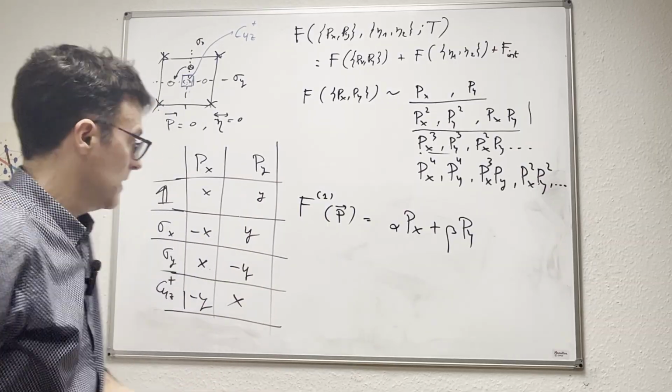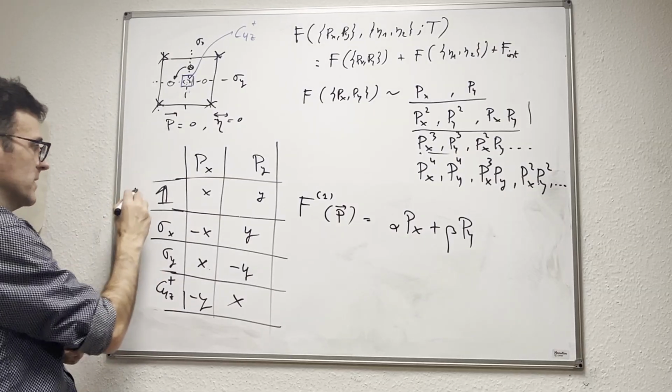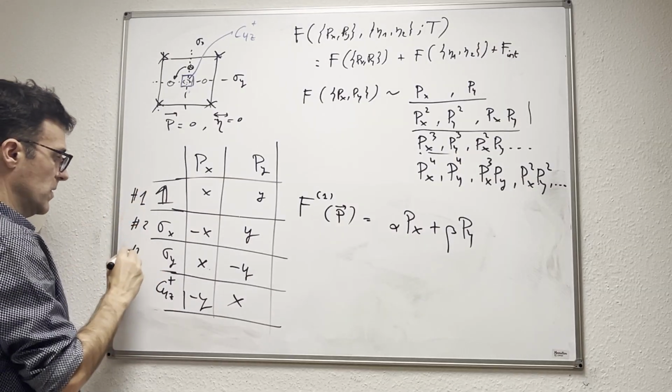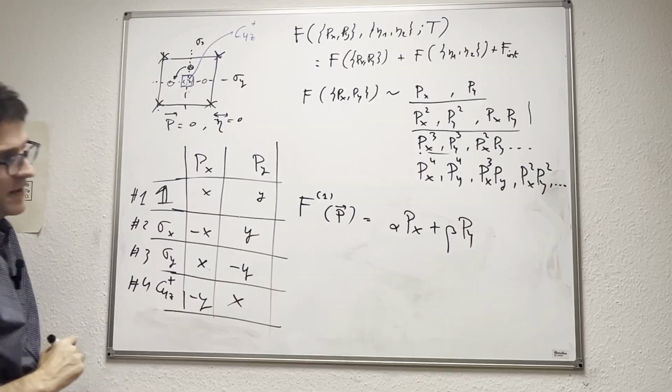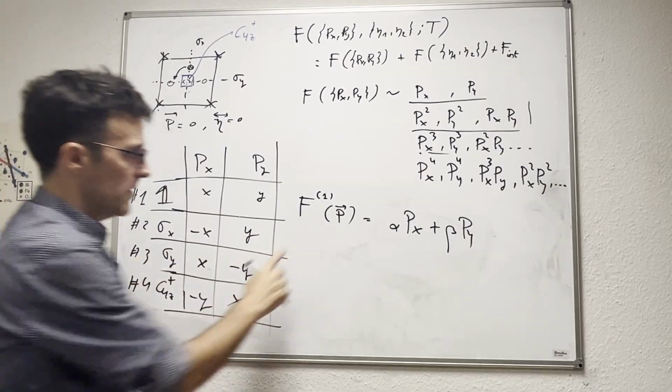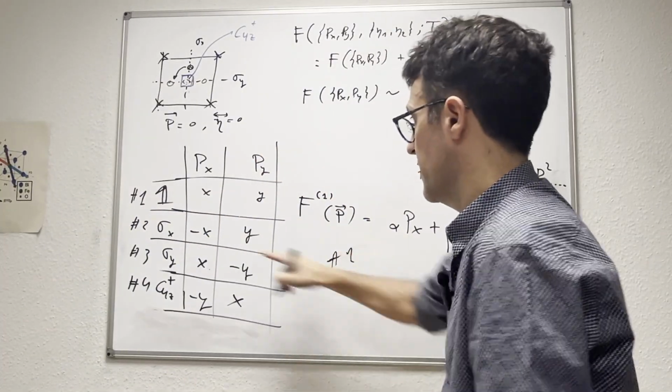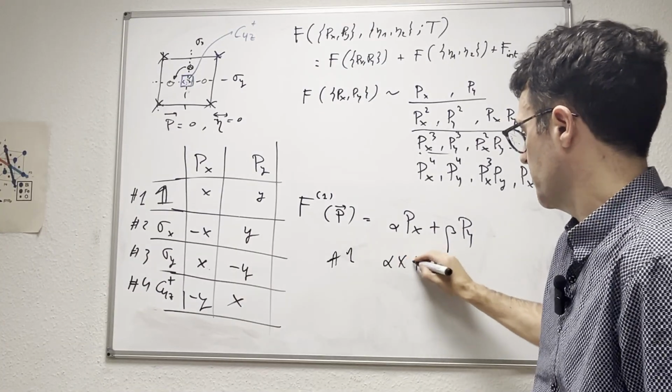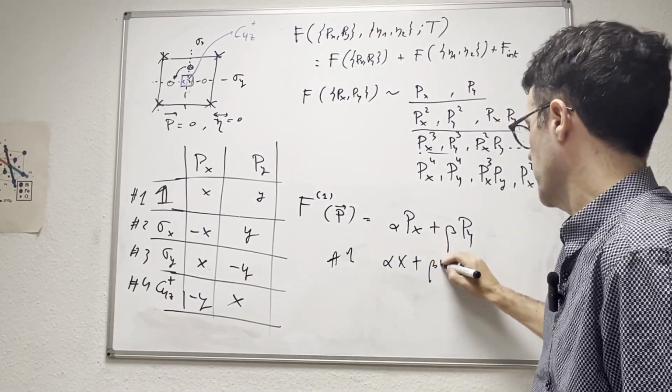Now the energy, let's number these states, number 1, number 2, number 3, number 4. Probably this is a clever thing to do. So the energy of this thing for state number 1 is simply alpha x plus beta y.